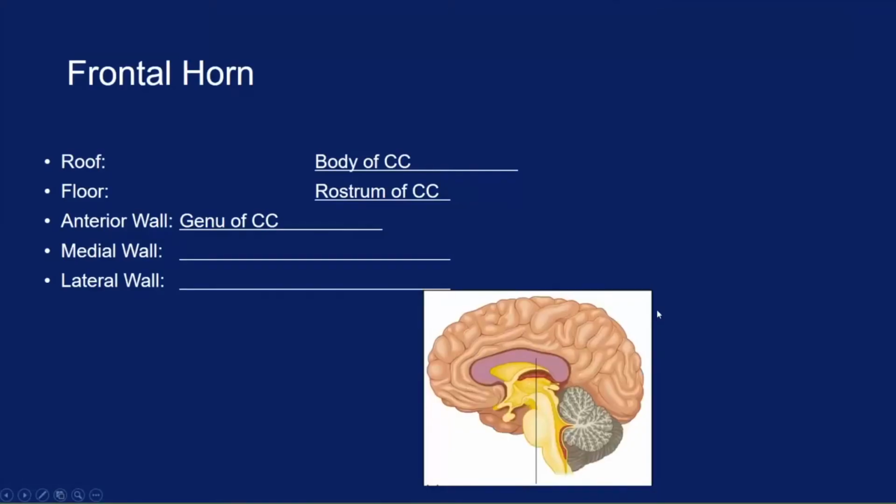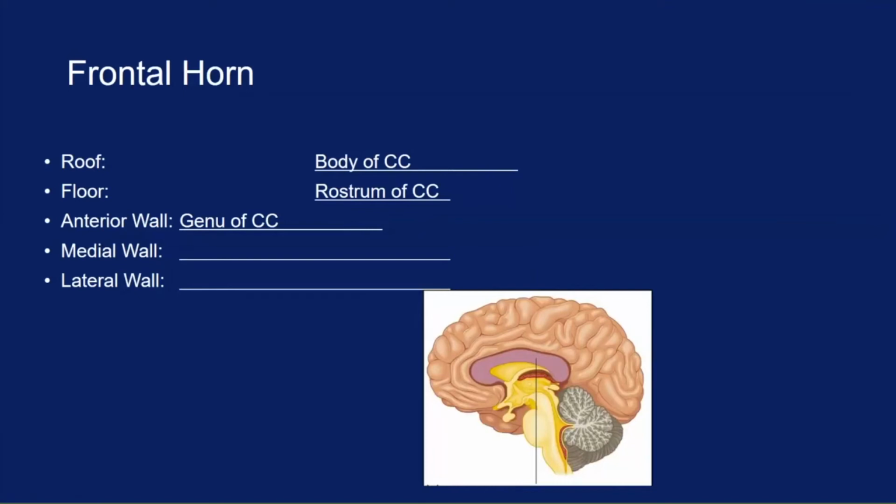So going back to the frontal horn, I tried to review this with the residents. Some of them were able to pick up correctly the anatomical boundaries, but to review this for everyone, the roof, the floor and the anterior wall are all defined by the same structure.